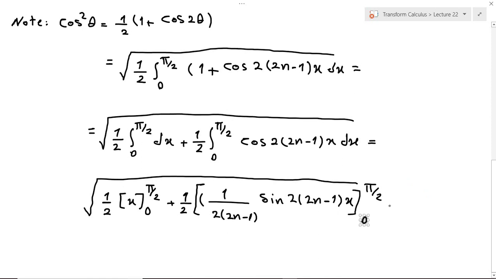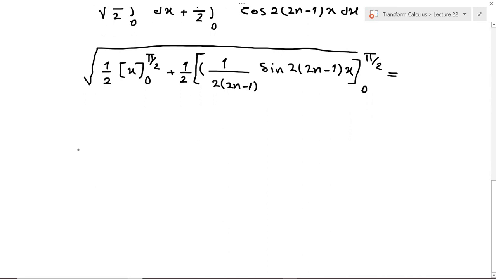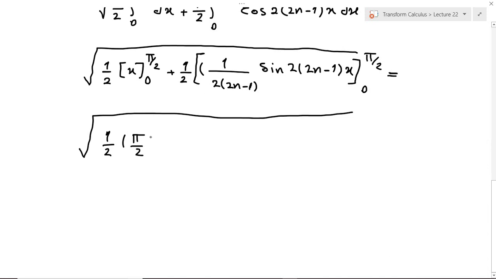So it's equal to the root of half, and if I apply the upper limit here, we have pi over 2 minus 0, so it's pi over 2, plus half.